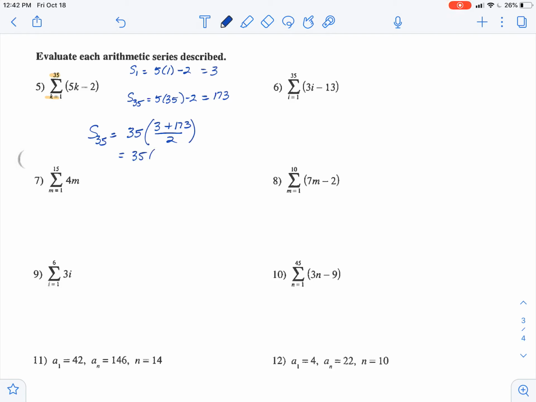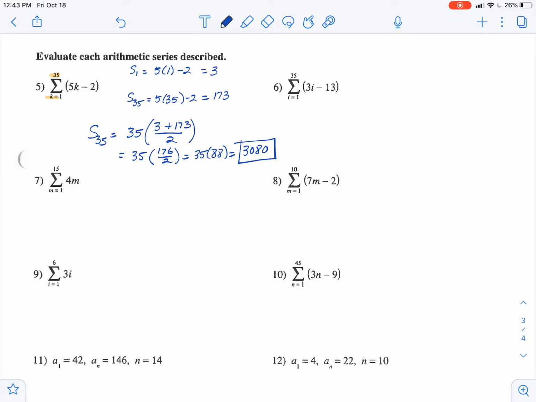So 35 times, what was that, 176 over 2, which would be 176 divided by 2 is 88. So 35 times 88, I kind of wrote too big earlier. And so that would be 3,080.